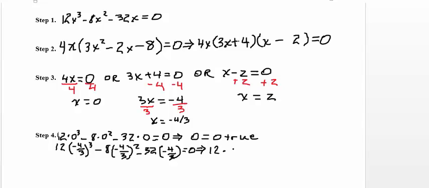So 12 times negative 64 over 27 minus 8 times 16 over 9, and in the third product, negative times negative is positive. 32 times 4 is 128, and that will be over 3. That equals 0.